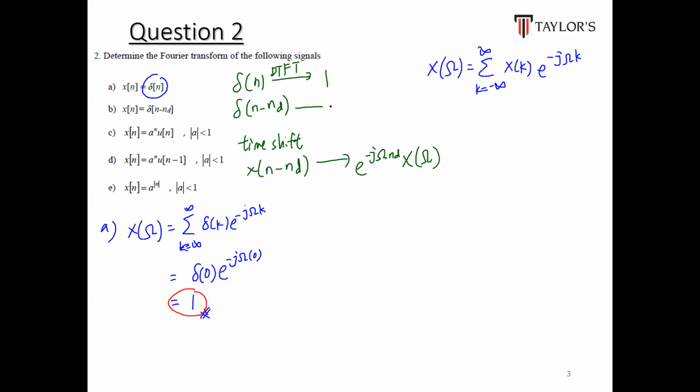And in this case, the Fourier transform of δ[n] is 1. Then we multiply by e^(-jωnd). So therefore this is the answer, e^(-jωnd). The answer for question B will be this one.